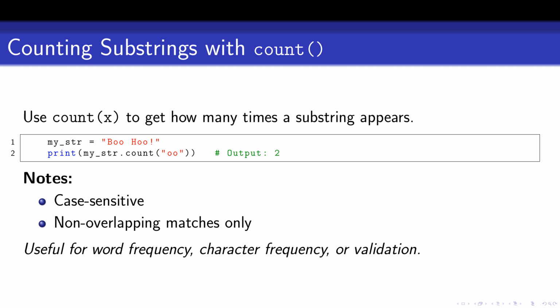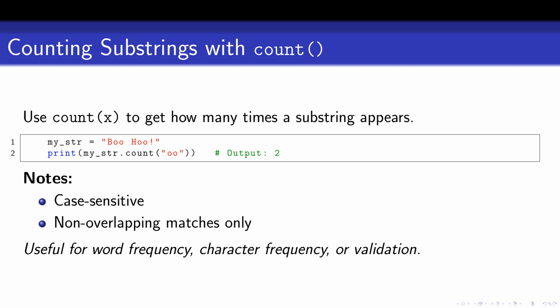You can also count how many times a specific substring appears in a string using the count method. This method is straightforward and powerful. It returns an integer representing the number of non-overlapping, case-sensitive matches of a substring. For example, counting 'o' in the string 'boohoo' returns 2.